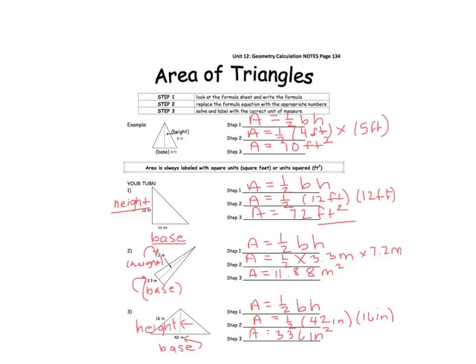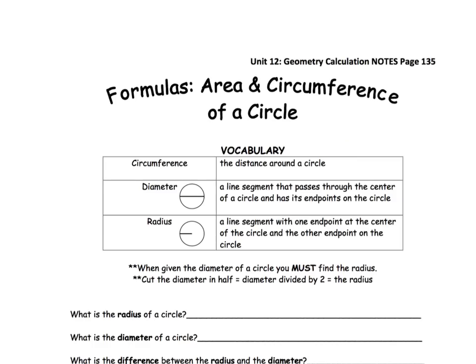Now check your answers. Let's talk about the formulas for area and circumference of a circle. The circumference is the distance around the circle. The diameter is the line segment that passes through the center of a circle and has its endpoints on the circle.